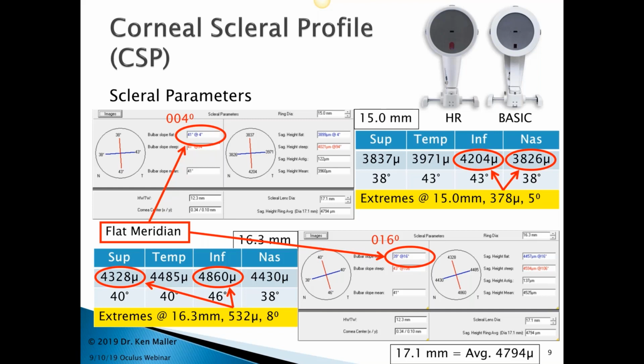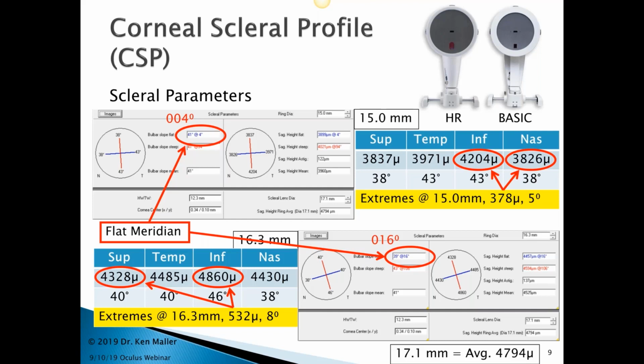If you think about regular toricity, we think of it as 2 principal meridians that are sort of locked in stone from right at the central point to as far out as we would take the toricity. But when we take a look at scleral data, we can see here that it really doesn't follow that. You end up with a certain amount of toricity at one chord, more toricity at a different chord, and you can also have a different axis for that toricity as well.